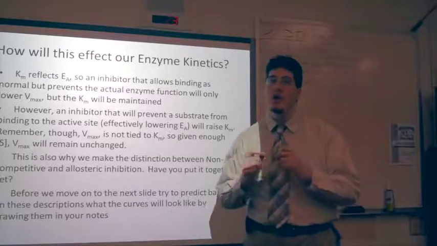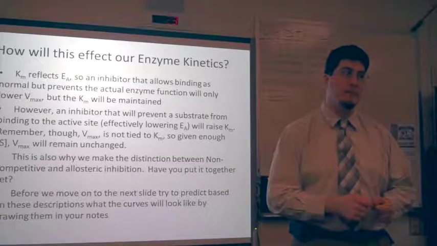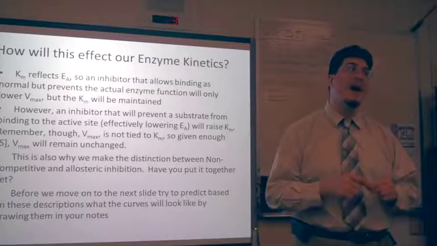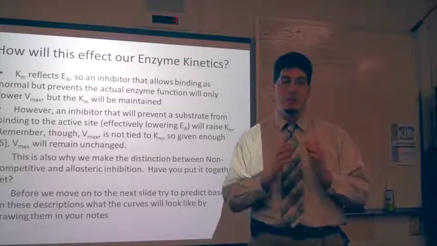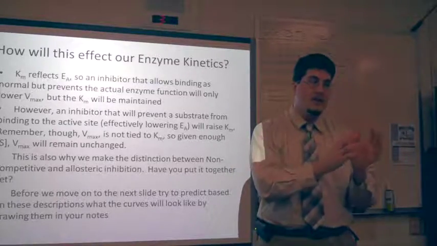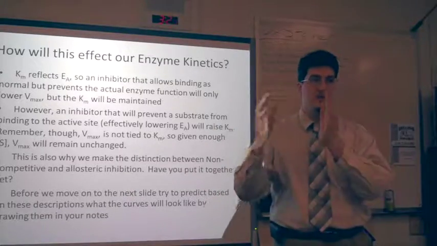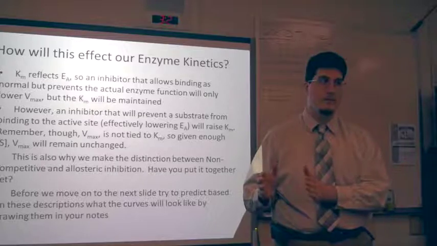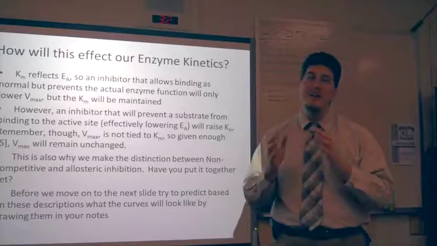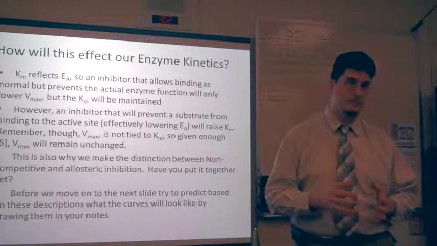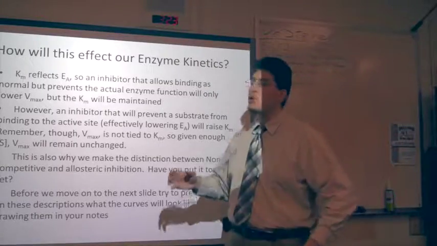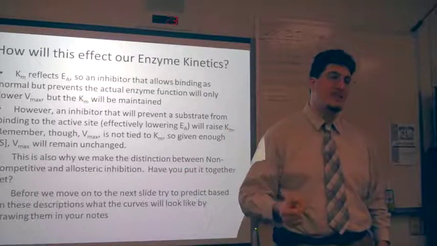Non-competitive inhibitors will not change Km. They will lower Vmax because you are not moving substrate and changing it into product. You are not converting substrate into product. You are making that reaction slower. You are slowing it down. You are lowering the maximum velocity.